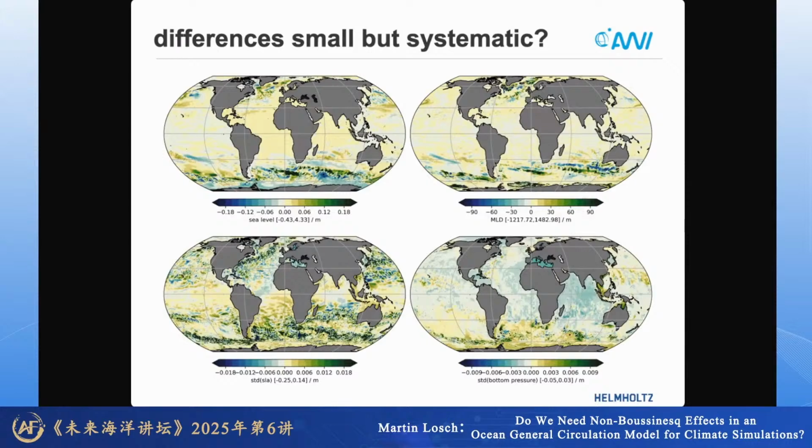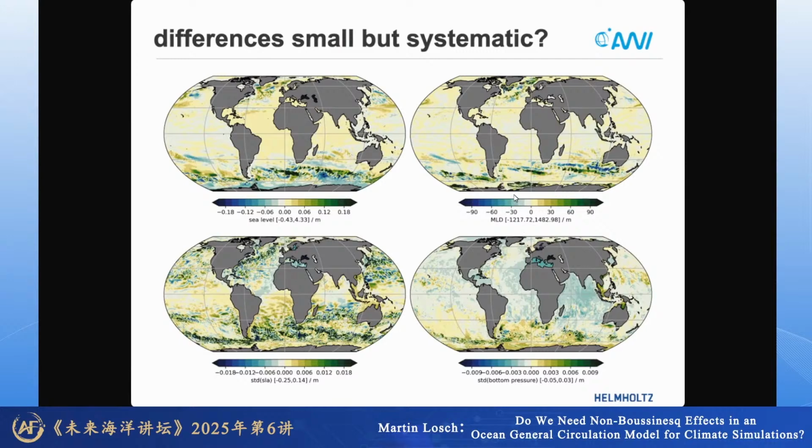But you're right, the strongest effects are in the Southern Ocean, but that's because these models, or maybe the system in general, is very sensitive to changes in the Southern Ocean. So whenever something changes in the model, it will always show up in the Southern Ocean first. It doesn't matter what you do, right?